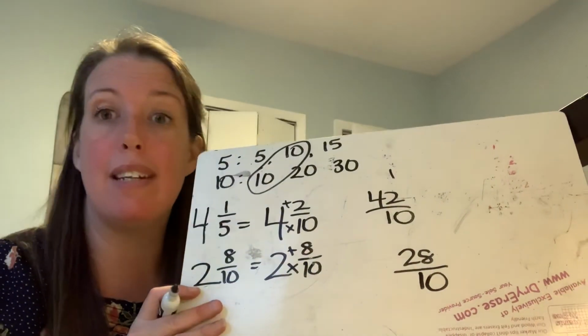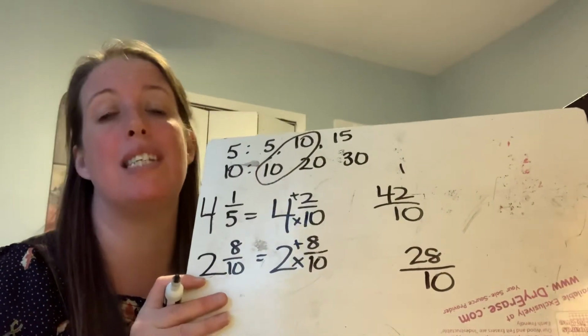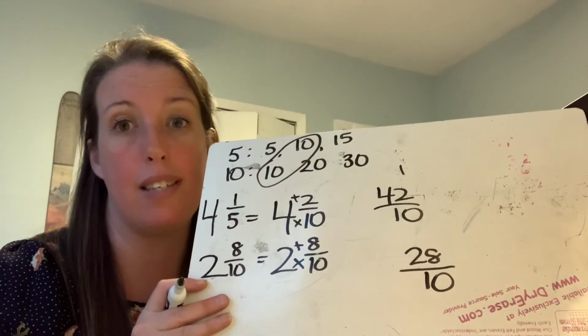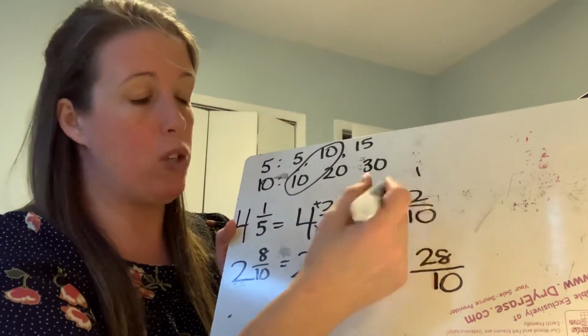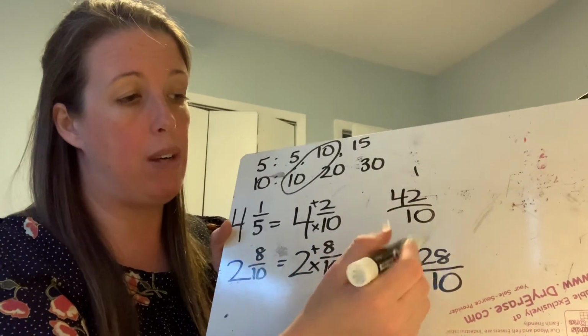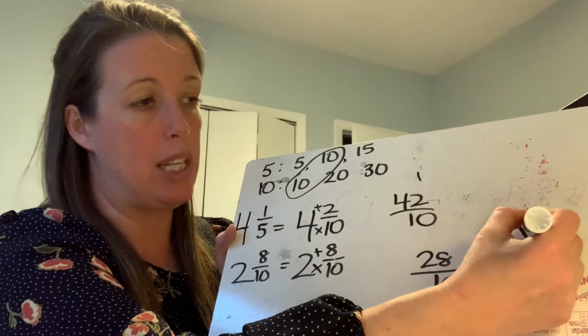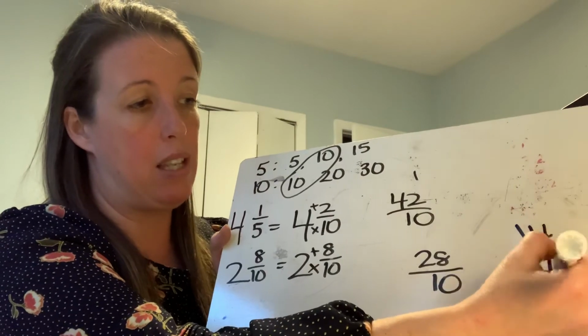Notice my denominator does not get touched. It stays the units of tenths. Okay, next I'm going to subtract. 42 minus 28 is going to give me 14 tenths.